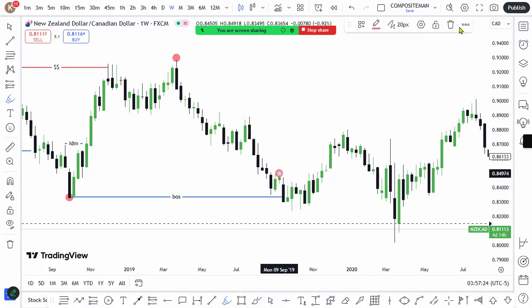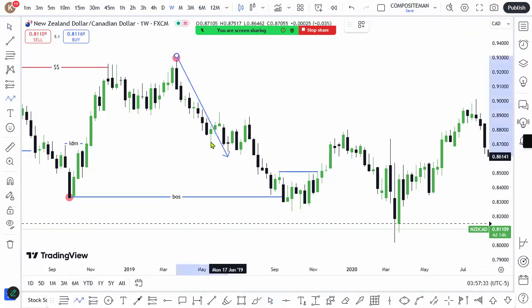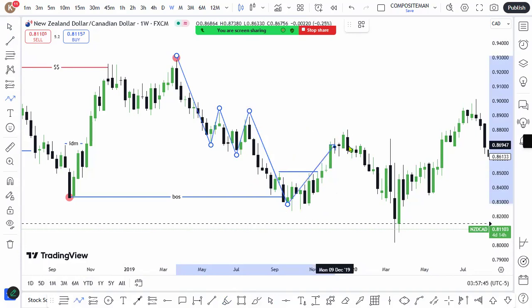And if you look at this area, we don't have a valid pullback here. So we can look at this one. This is the first pullback, the second price reach here. So this was the main pullback that was supposed to be taken out. And here, this is just an internal candle. It means nothing. So unless price breaks this low and creates a new pullback, we don't have any pullback.